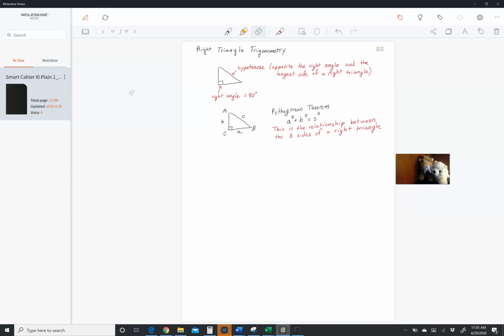So we're adding in this angles part, which here we don't have. It doesn't matter what these two angles are. A squared plus b squared equals c squared will always be true.